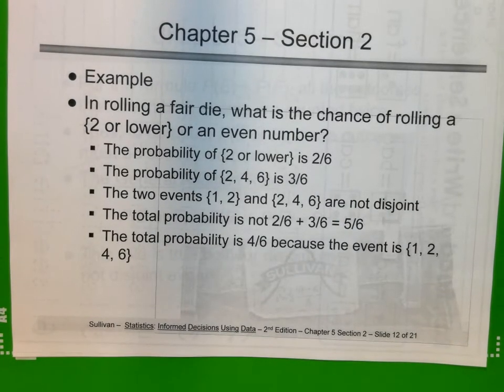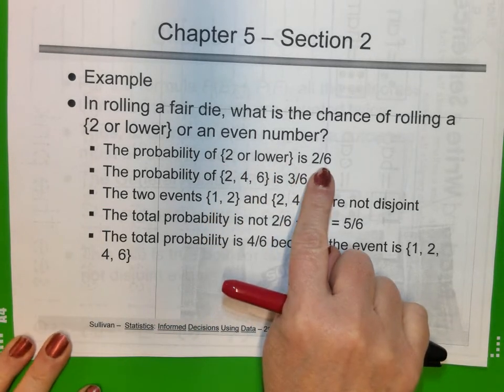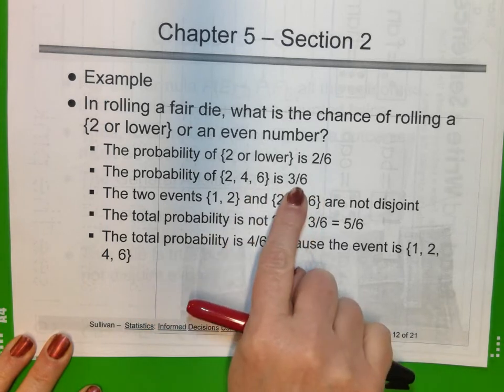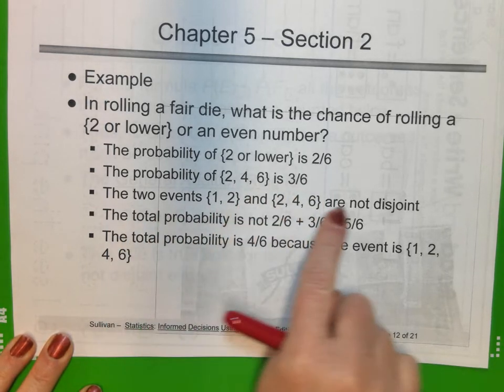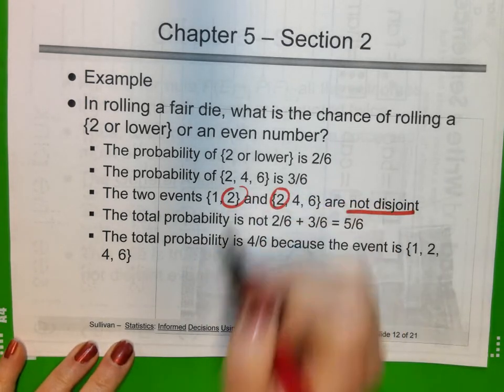Okay, rolling a fair die. What is the chance of rolling a 2 or lower or an even number? So the probability of a 2 or lower is 2 out of 6. The probability of 2, 4, and 6 is even, so there's 3 out of 6. The two events are not disjoint. Hint, not disjoint. Why? They both have 2 in them.